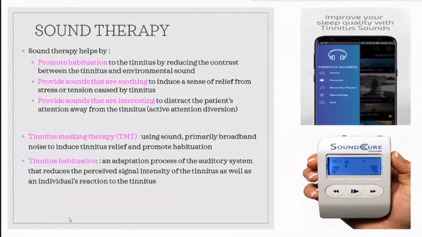If the audiologist can match the frequency of the tinnitus, we can actually mask the tinnitus by giving the same frequency, because it will cancel out. That's what we call tinnitus masking therapy. This is very technical, but this is what's happening right now, the technology behind treating tinnitus.